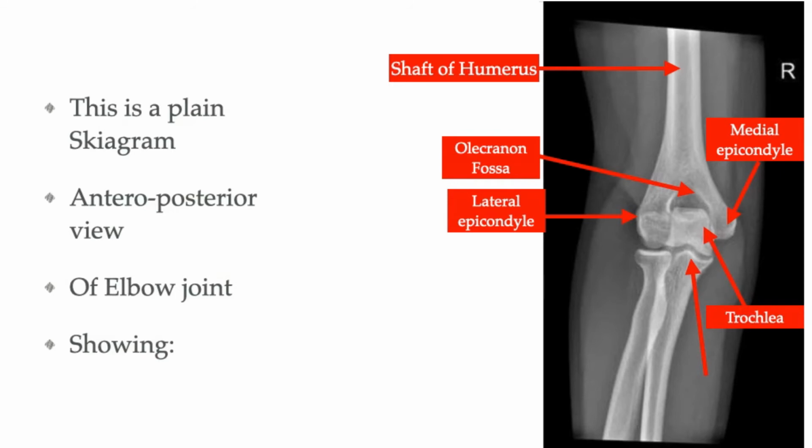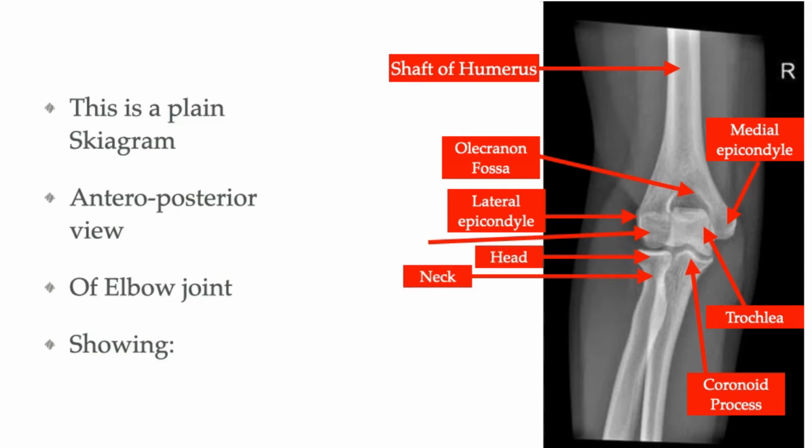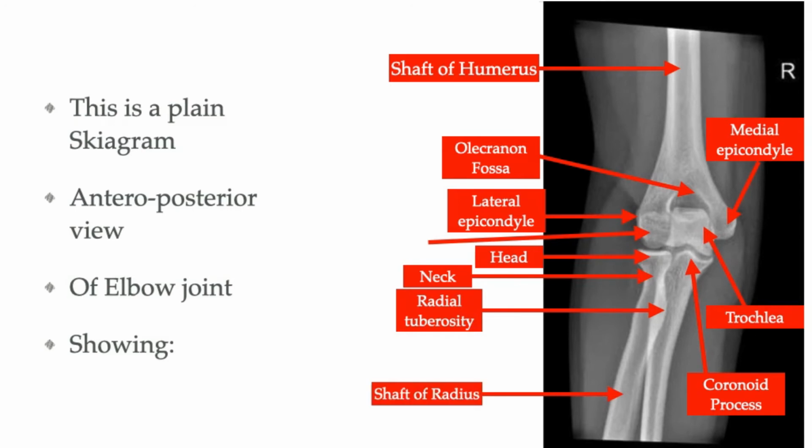This is the coronoid process. This is the capitulum and this is the head of the radius. This is the neck of the radius. This is the radial tuberosity. This is the shaft of the radius and this is the shaft of the ulna.